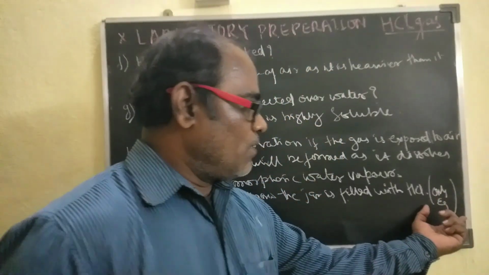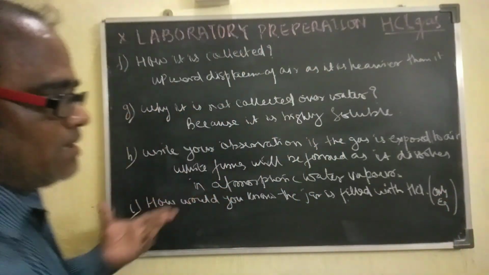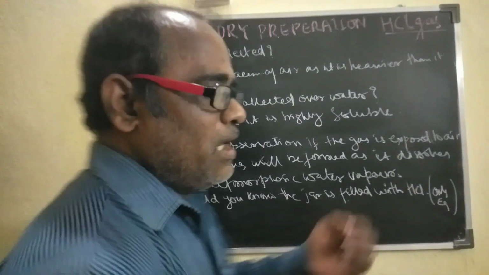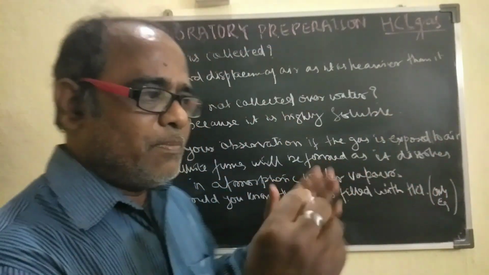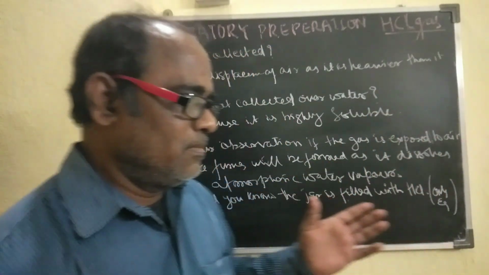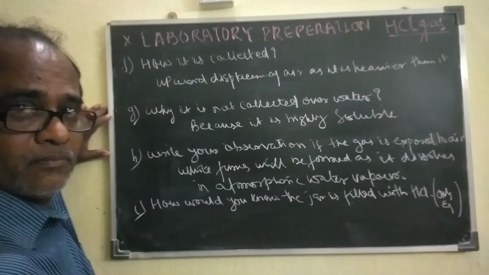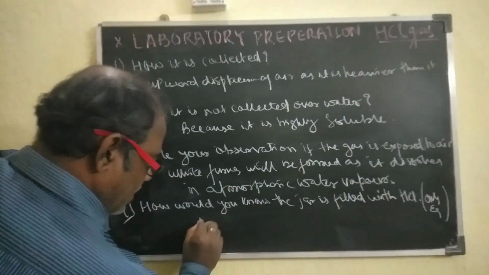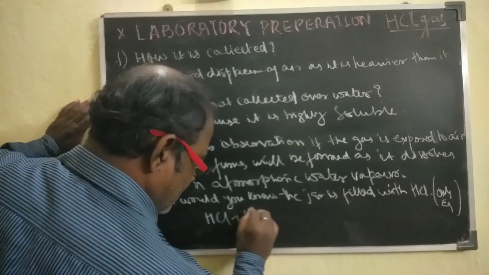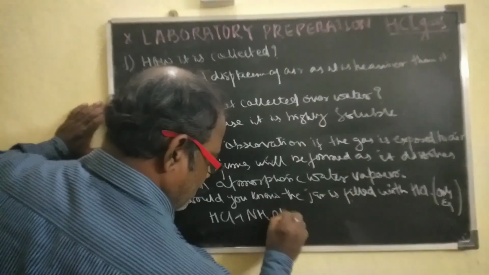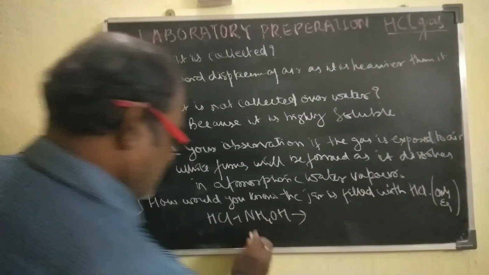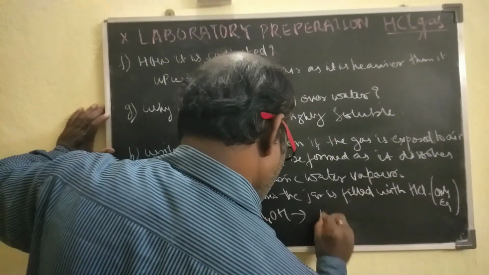How would you know the jar is filled with HCl? You have to write only the equation. We can only understand if we bring a rod dipped in ammonia. The equation would be HCl plus NH3 gives ammonium chloride.